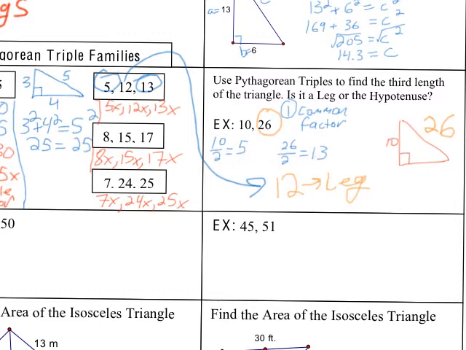If we want to go back up the other way, then we need to multiply by 2, sorry, it's kind of sloppy, to get to 24. 12 times 2 is 24, so this third side is 24. 10, 24, 26. And if we took a 2 out of all those, we would see that it fits right in with this 5x, 12x, 13x family.